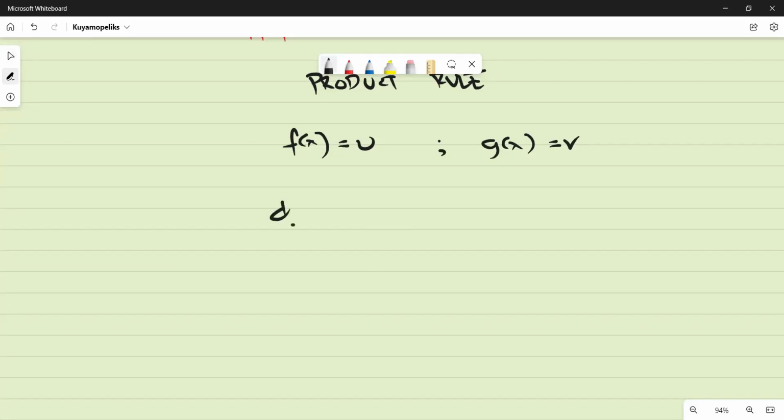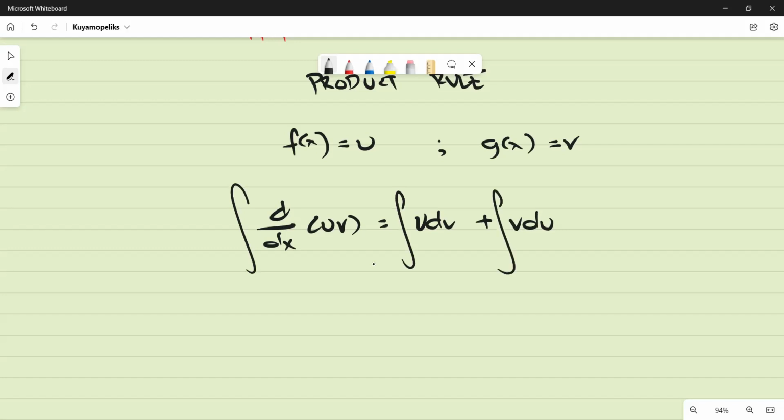Kapag kukunin mo yung derivative, 'di ba, ng u and v, that is u dv plus v du. Thus, if you're going to integrate everything, makukuha mo ulit yung uv and integral siya ng u dv plus integral ng v du.